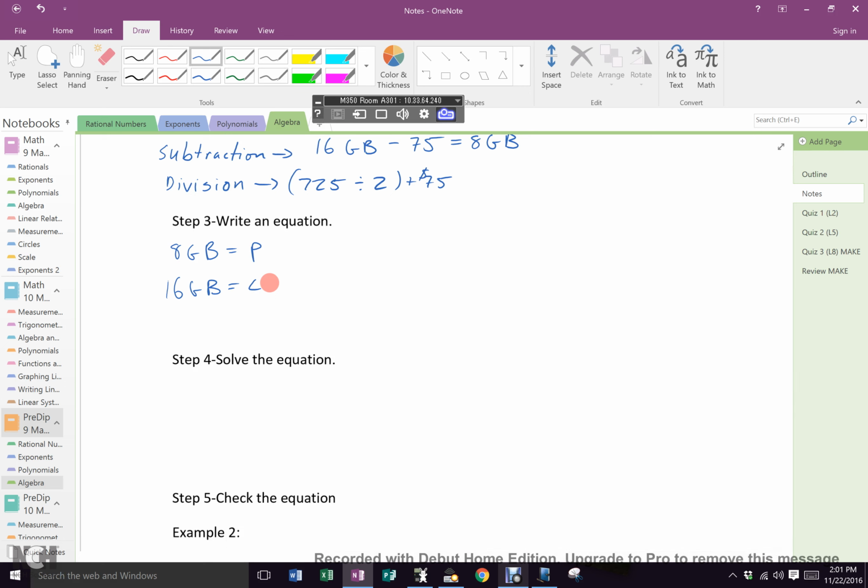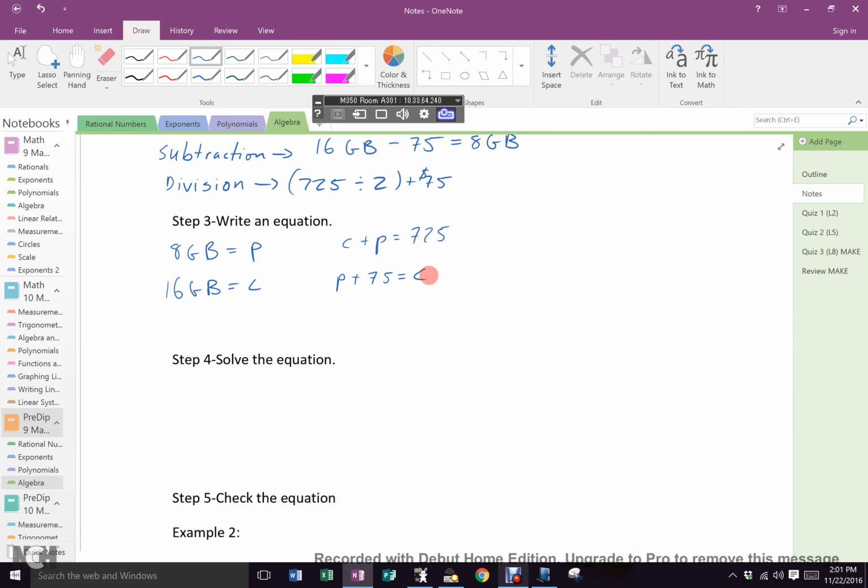Okay, how do we take what we decided on and put it into equations? What do we know? C plus P is what? 725. What else do we know? P plus 75 equals C. Are we cool with that?